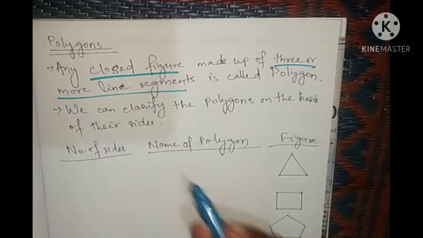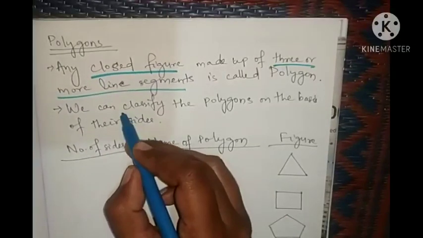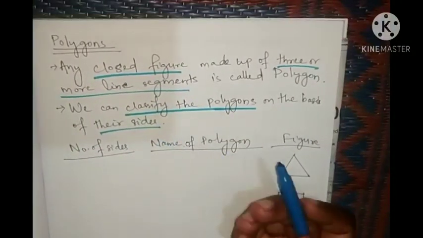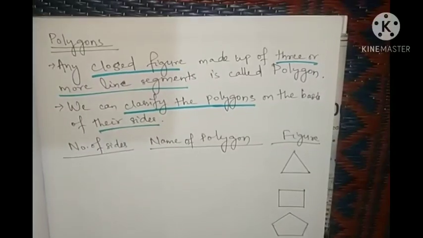We can classify polygons, means divide, on the basis of their sides. Let's see how many types of polygons there are.